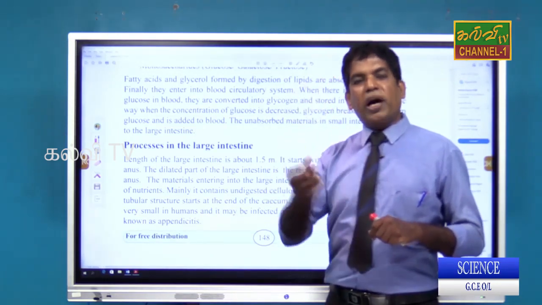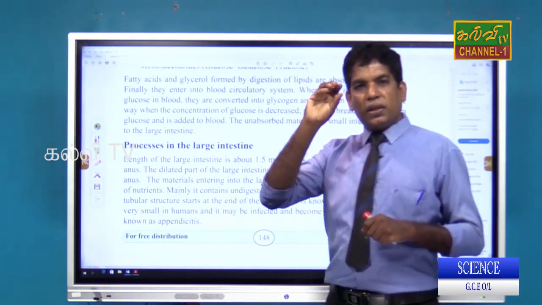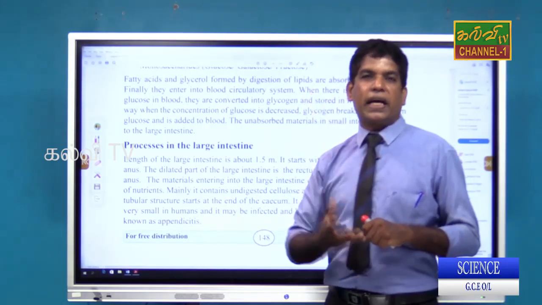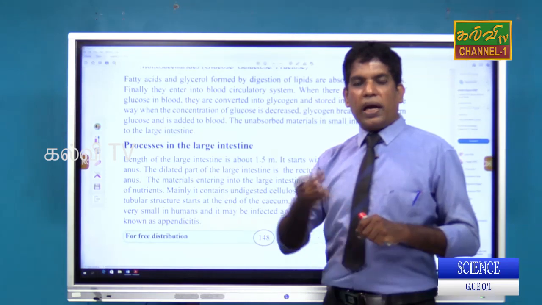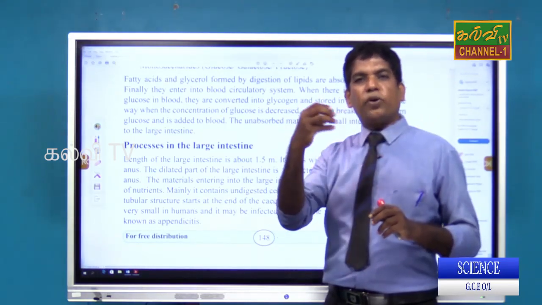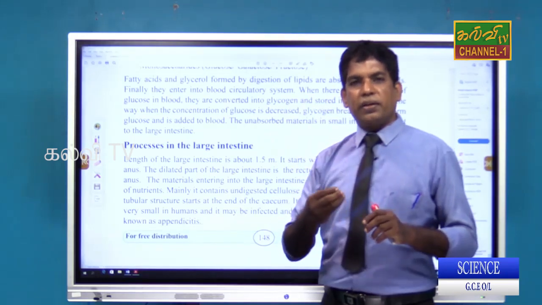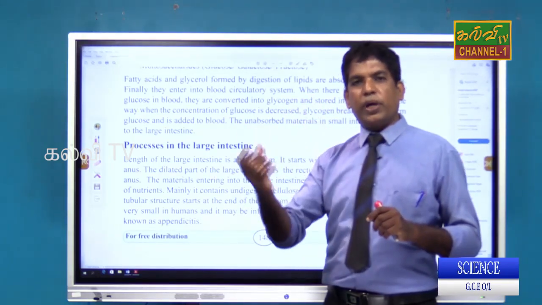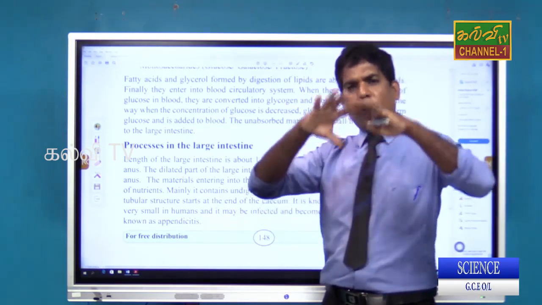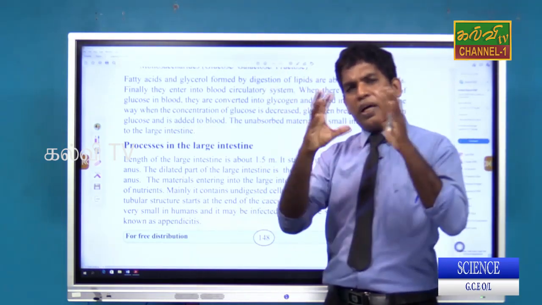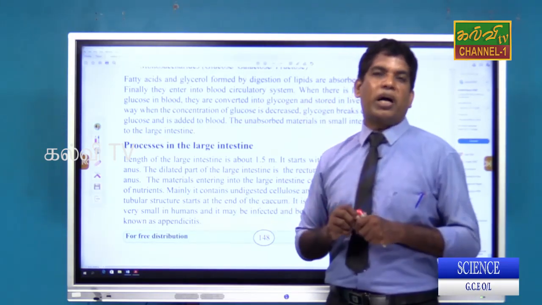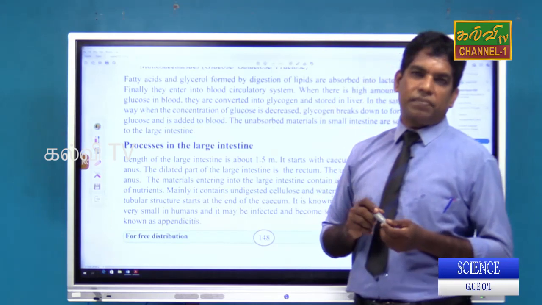The duodenum has lots of enzymes and substances, especially bile, and the pancreas also secretes enzymes into it. Therefore, all kinds of digestion occur in the initial part of the small intestine.